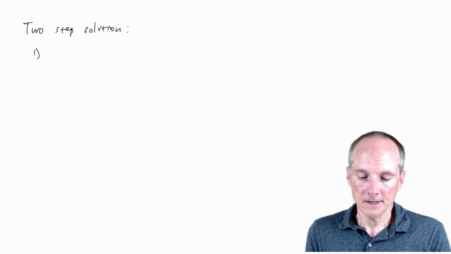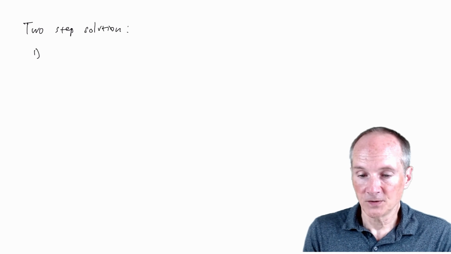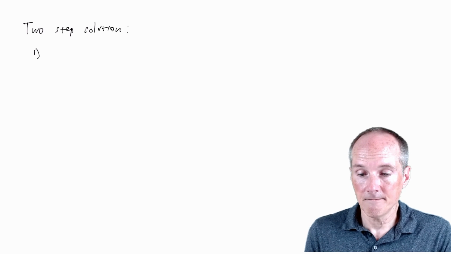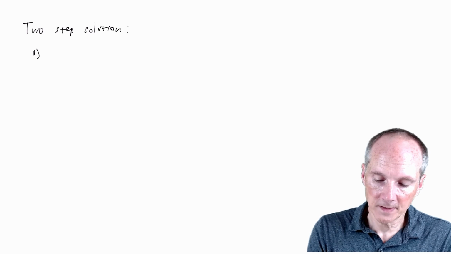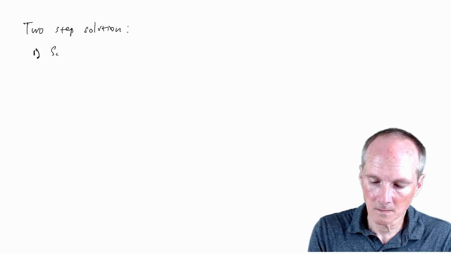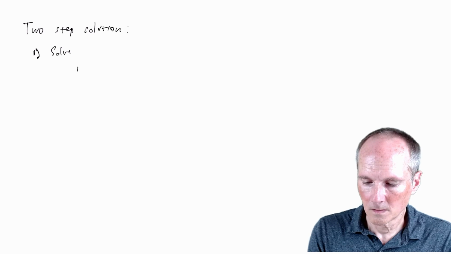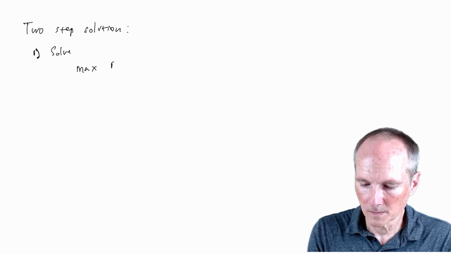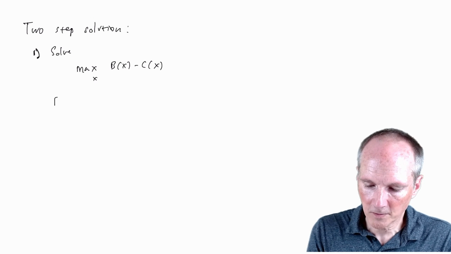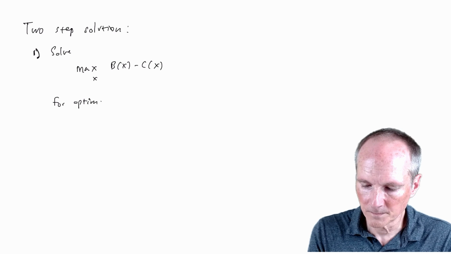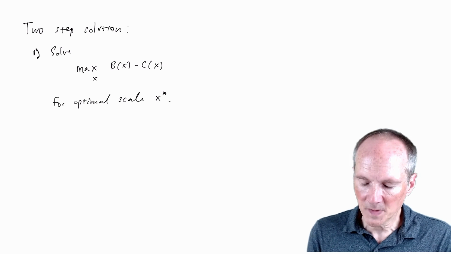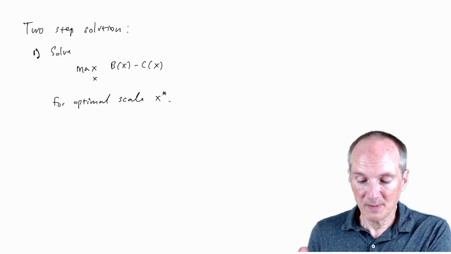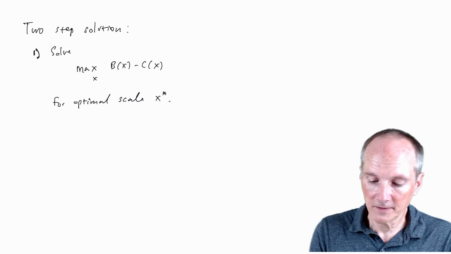Step 1, first assume that you're going ahead and entering the market, or you're going to solve this problem. Solve that for the optimal scale. Okay, that gives you the best you can do if you undertake this activity.